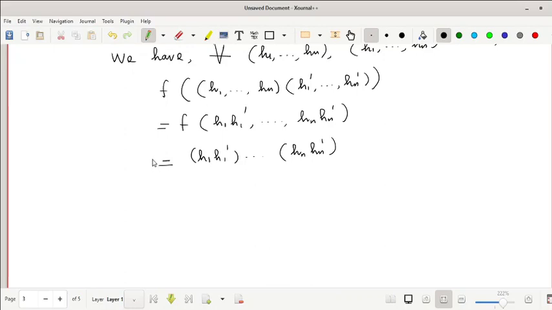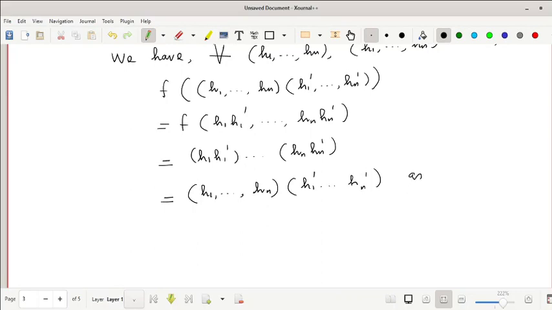Since the components commute, this is the same as h1 h2 hn into h1 prime dot, this is product hn prime.